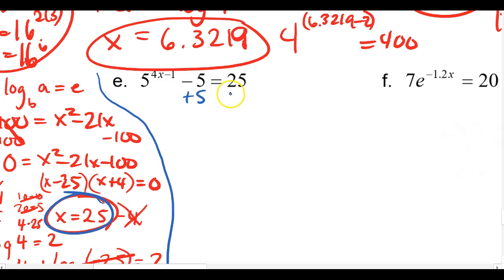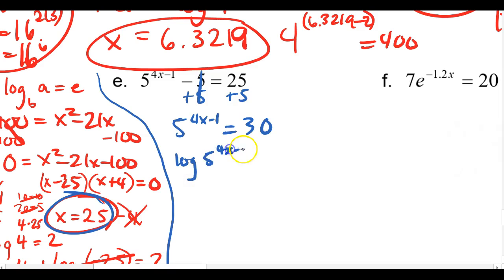I know if I add 5 here, I can get rid of that 5 from that side. So we have 25 plus 5 is 30. And the first option we want to look at is, can we make the bases the same? I can't raise 5 to any number to equal 30, so we'll have to take log of both sides.